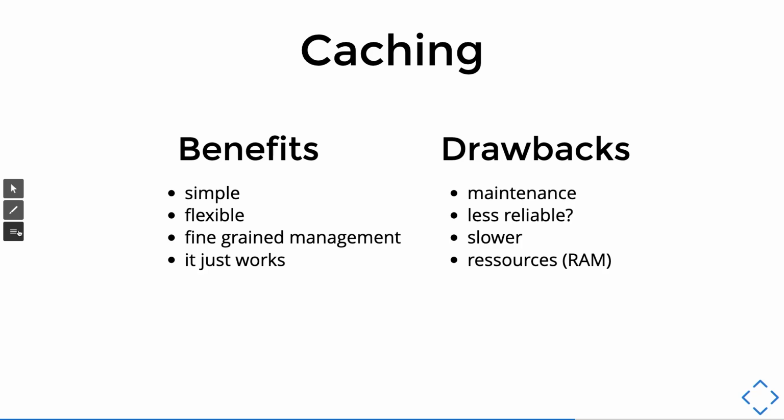It could be less reliable than an out-of-the-box system, again like Varnish, because we are not specialists of cache. It is definitely slower, because it goes deeper into our stack, but it's acceptable for us. And of course, it consumes a lot of resources to put a lot of data in our Redis.